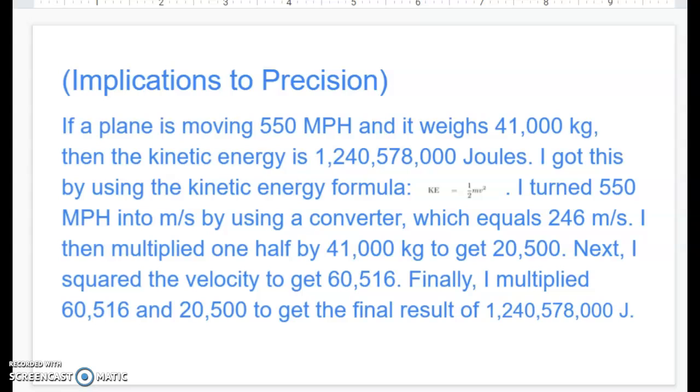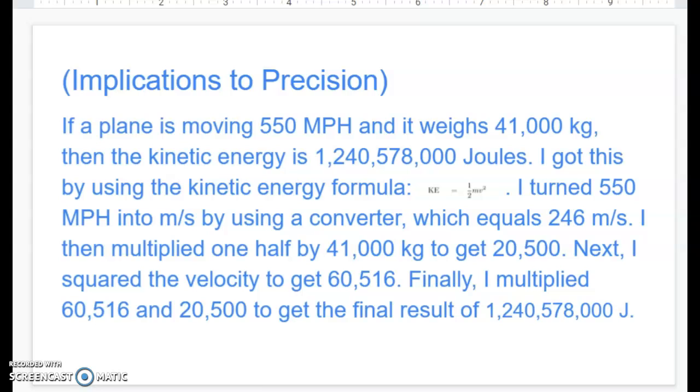And then after that, I started to do the math, which I started by multiplying 1/2 by the mass, which is 41,000 kilograms, and that got me 20,500. After that, I squared the velocity, which was 246 meters per second, to get 60,516.